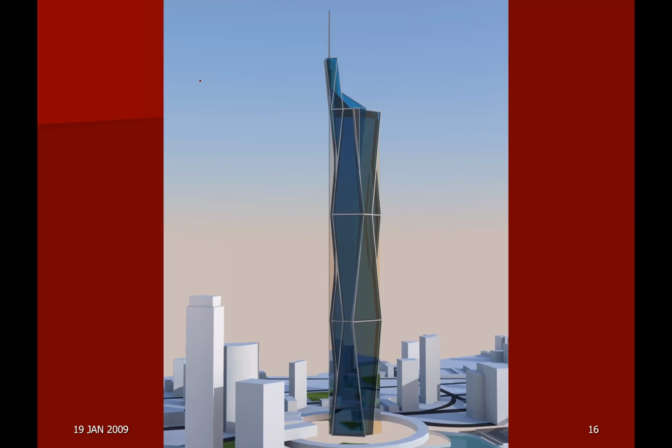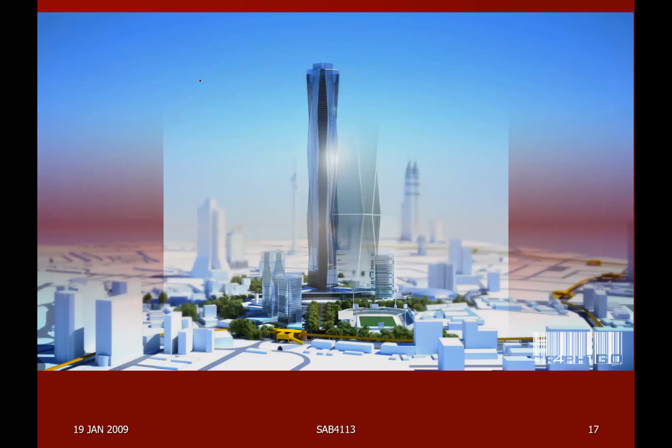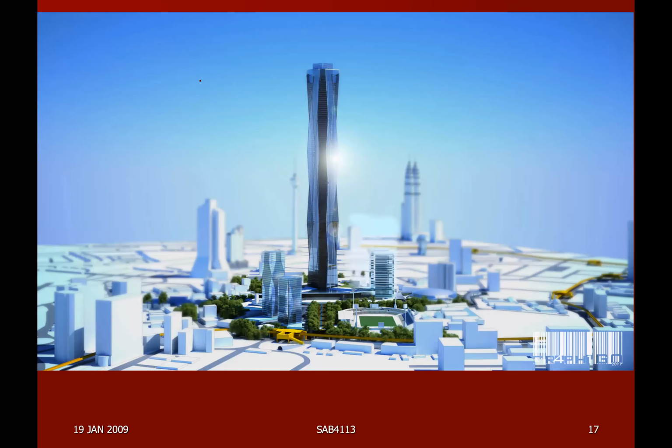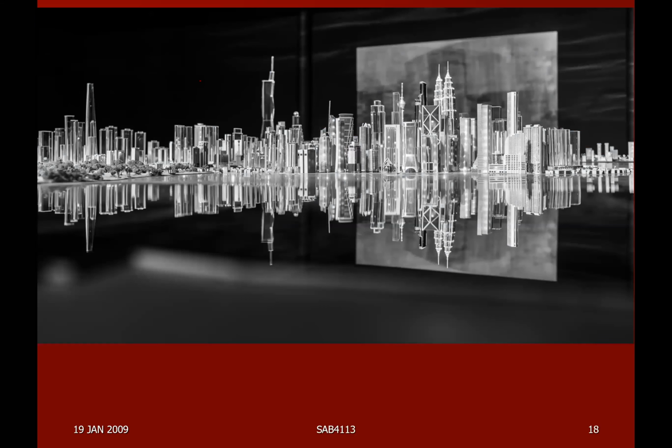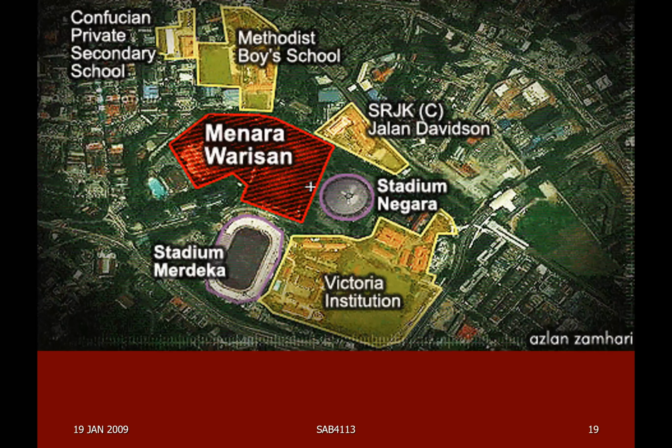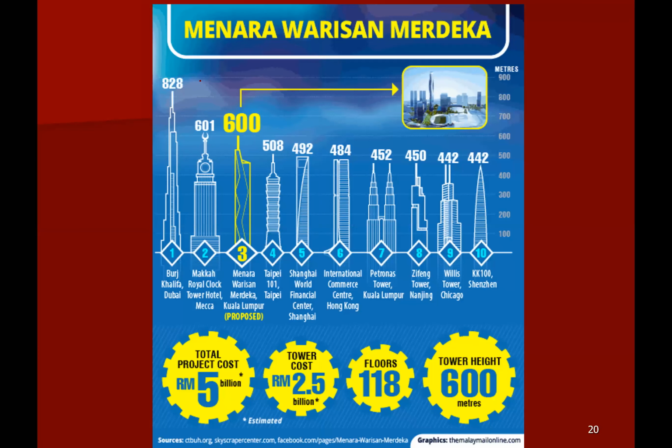For instance, this building, they call it a diamond cut building. So this is the scenario of the building, and this is where the building stands compared to the rest of the high-rise buildings in Kuala Lumpur, and where the location of the building is, and then how it basically benchmarks against tall buildings all around the world.